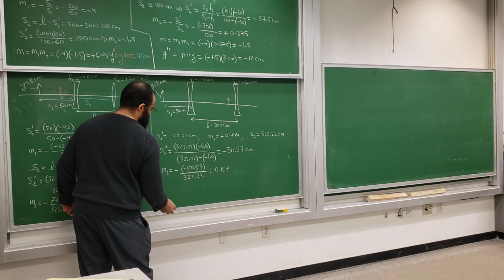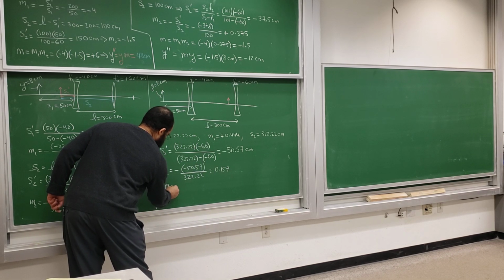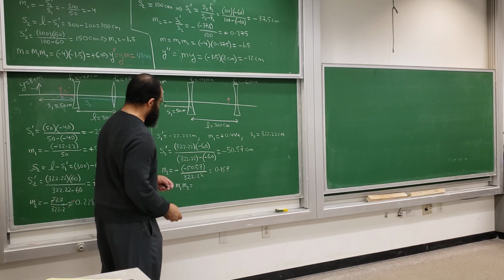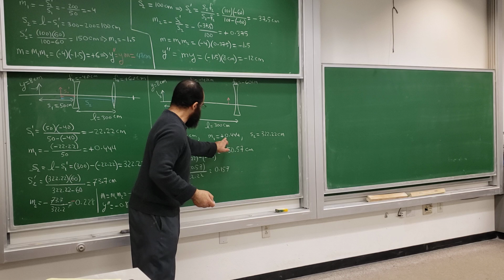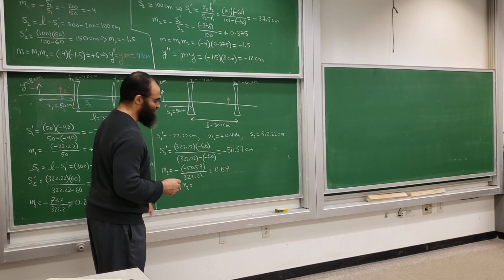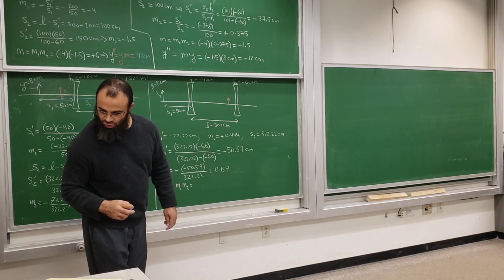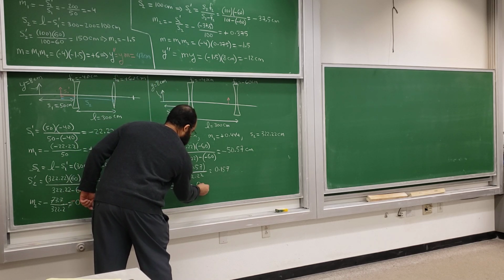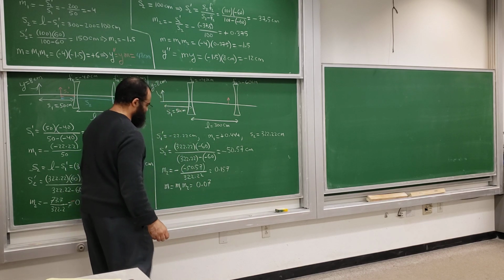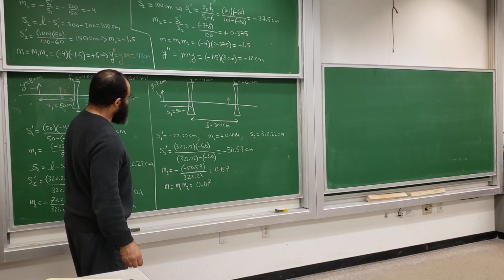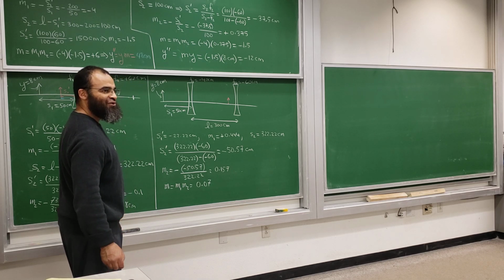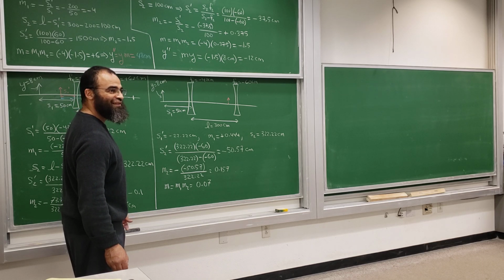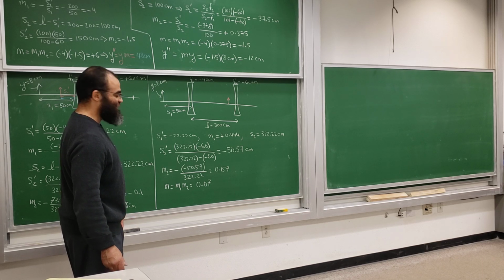And then the overall magnification is M1 times M2, the product of 0.157 times 0.444, and that's going to be 0.07 approximately. So the final height of the image is going to be tiny, almost 7% of what it was.